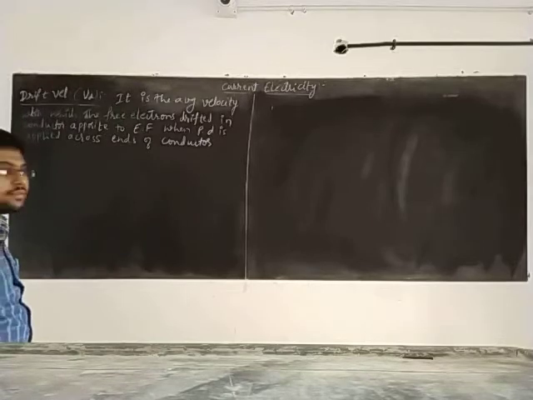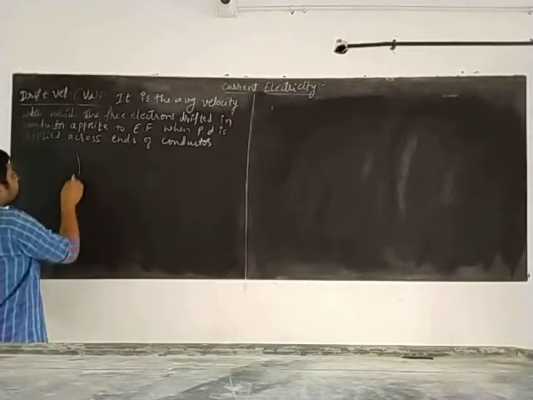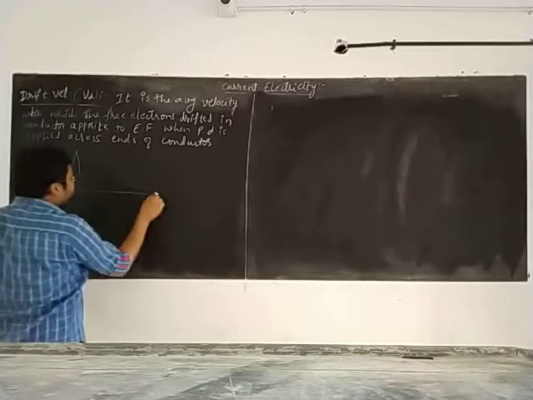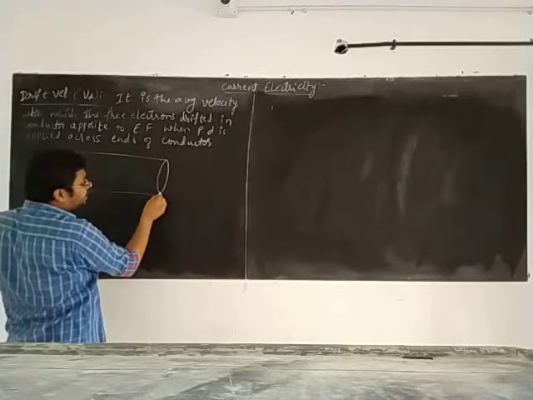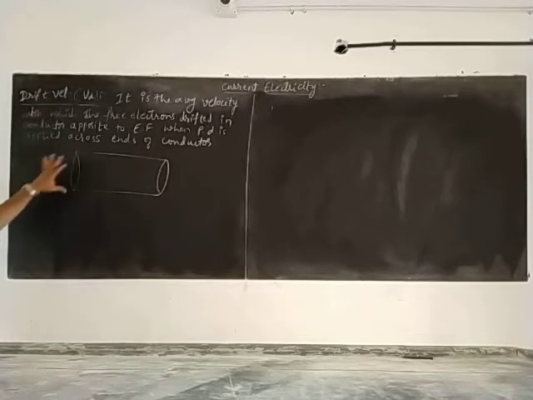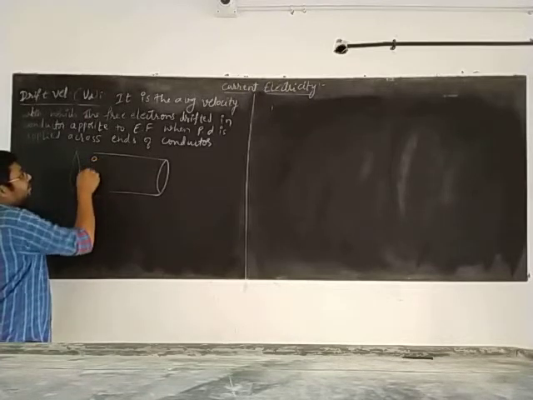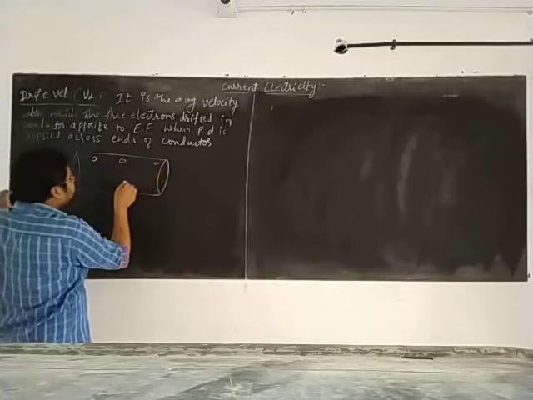What does it mean? For that we have to consider a diagram where I consider a cylindrical shaped metallic conductor, or you can consider it as a metallic wire. Here we have the fixed ions, right?